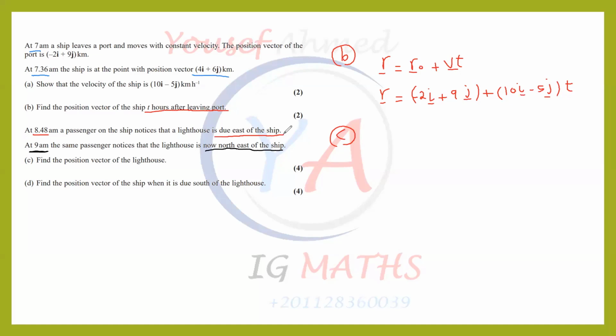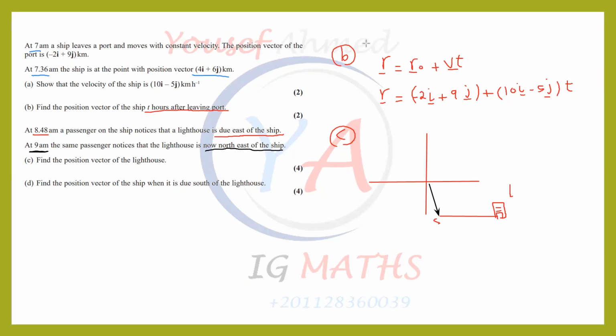So let's say we have a grid here, and the ship is moving in this vector, and the passenger sees that the lighthouse is due east of the ship. Here is the ship and this is the lighthouse, L.